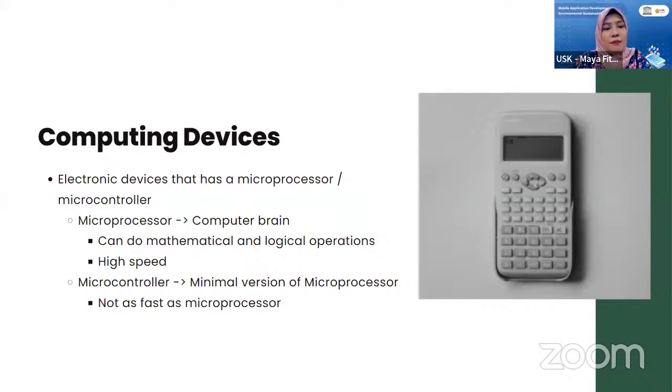We can say that a microprocessor is like the computer's brain. On the other hand, a microcontroller is a mini version of a microprocessor. It's the same as a microprocessor, but not as fast.